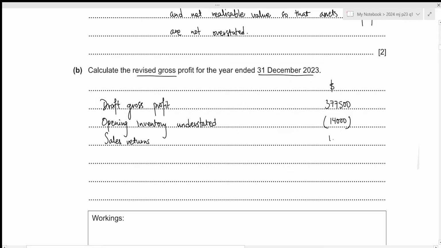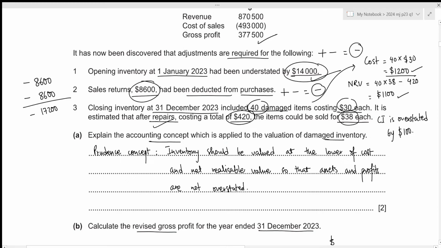where we subtract 17,200. Alright, then for the third one, we have already calculated that the closing inventory is overstated by 100. So we need to subtract it, and also remember that the closing inventory itself is subtracted as part of the cost of sales. Then the cost of sales itself is also subtracted when calculating the gross profit.